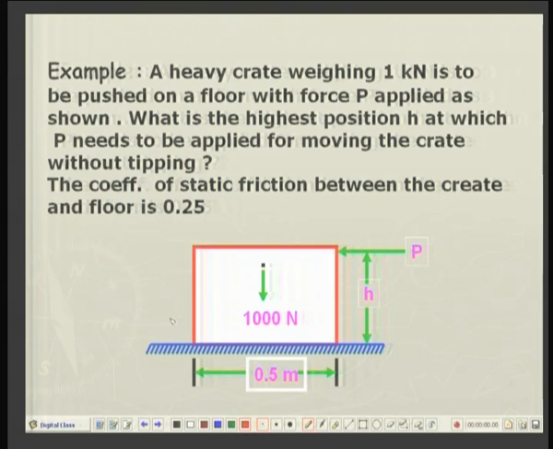Okay. So, what is the highest position h at which P needs to be applied for moving the crate without tipping it or toppling it? So that if I apply the force P slightly higher than that position, it will rotate around a corner. The coefficient of static friction between the crate and the floor is 0.25. Okay.